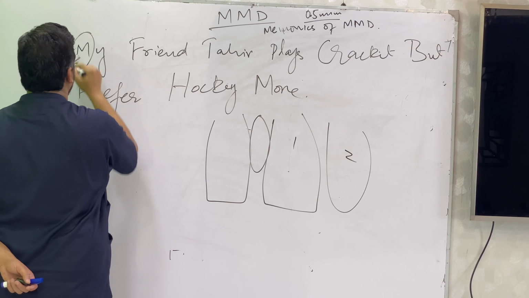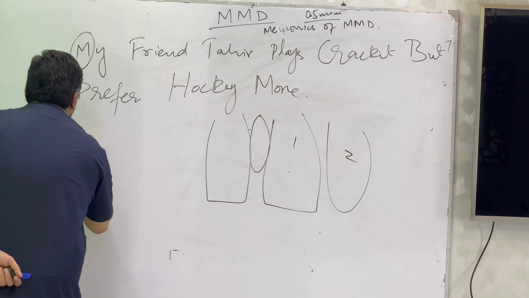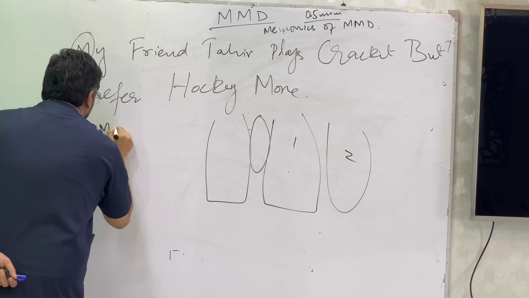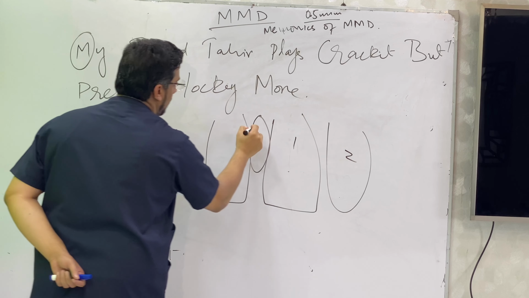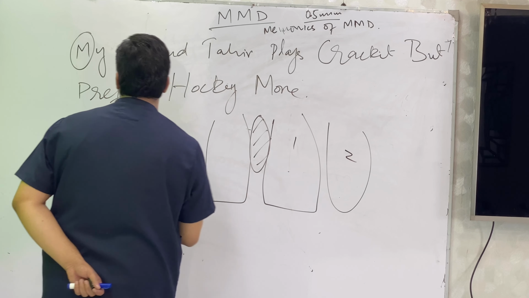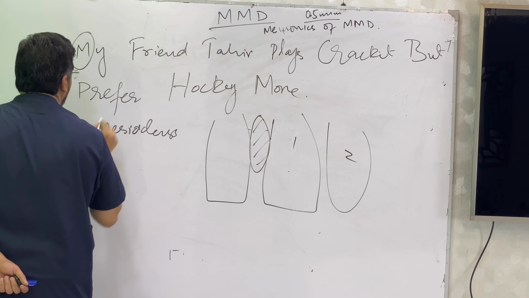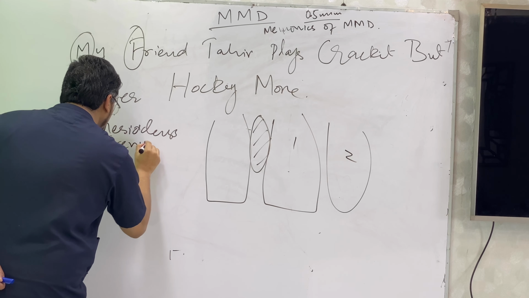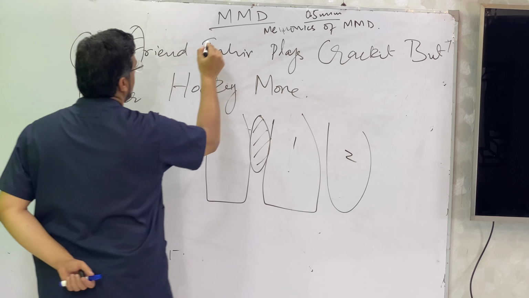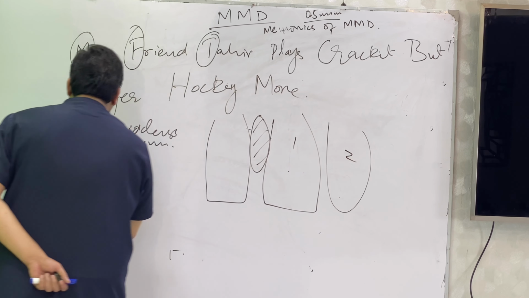M stands for mesiodens. Obviously, it will be found in the middle of the teeth. F stands for frenum. T stands for tumour.